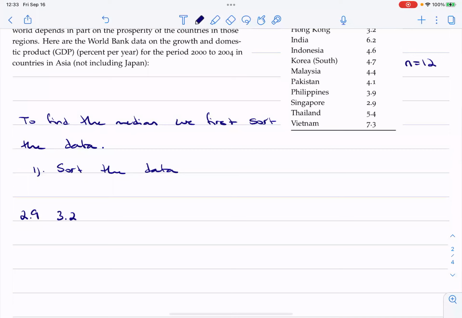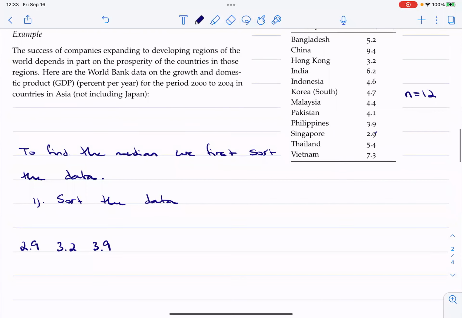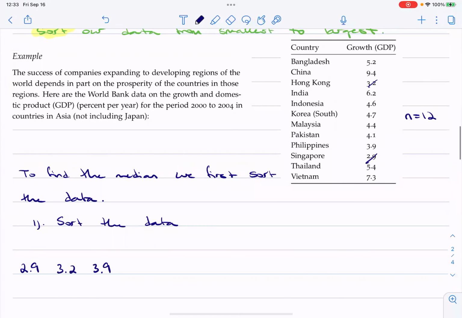.9, 3.2, 3.9, and here 2.9. I'll cross them off now. 3.2, 3.9, 4.1.